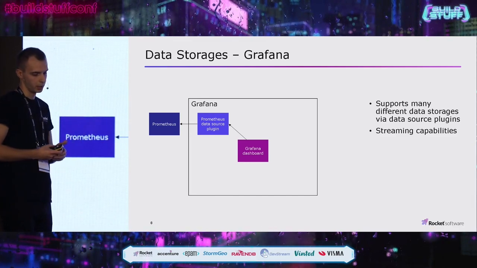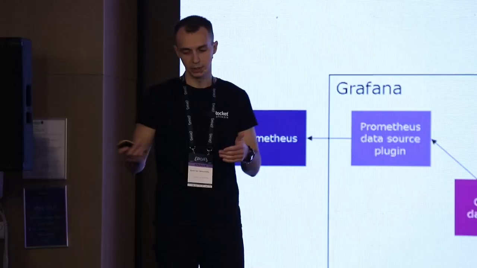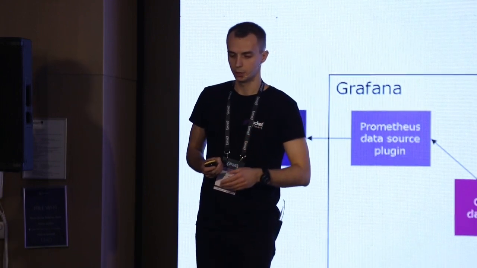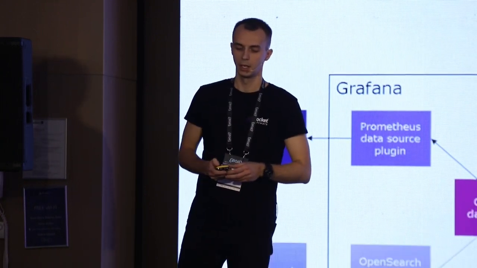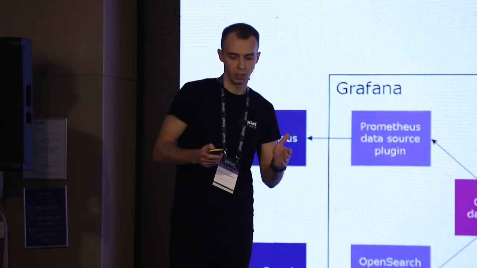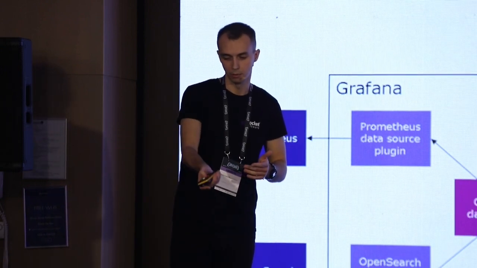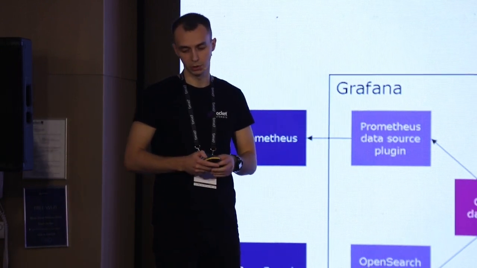Some of the data source plugins are supported by the Grafana team, and they are available out of the box in the open source version of Grafana, for instance, the data source plugin for Prometheus. Some of the plugins are supported by the community, and they're available to download via the Grafana catalog, such as the data source plugin for Opensearch.